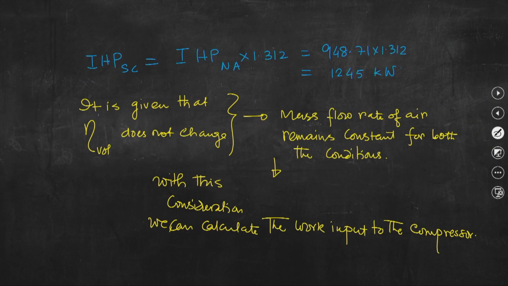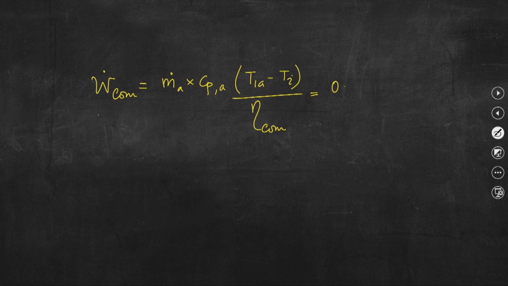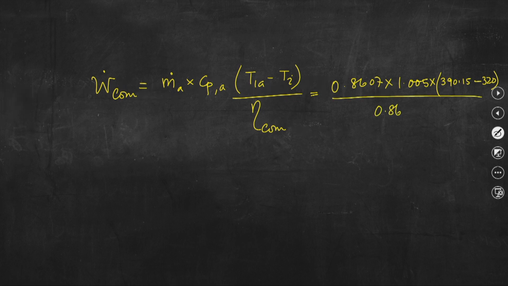So, if we plug in the value of 0.8607, Cp air is 1.005 kilojoule per kg Kelvin, into 390.15 minus 320, divided by the compressor efficiency, which is given as 86%. If we calculate it, it is coming as 70.55 kilowatt, right.